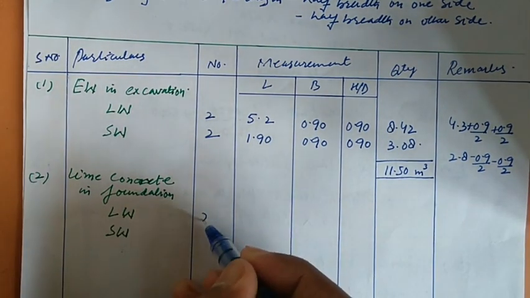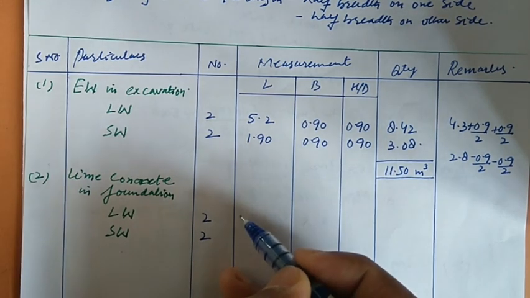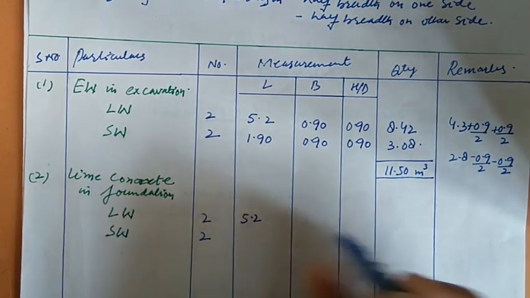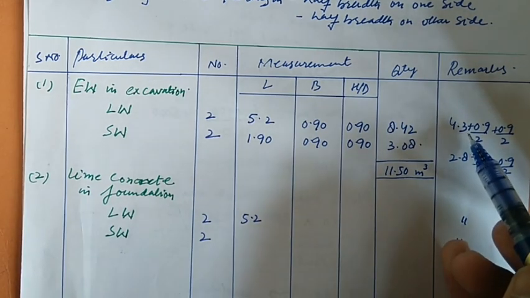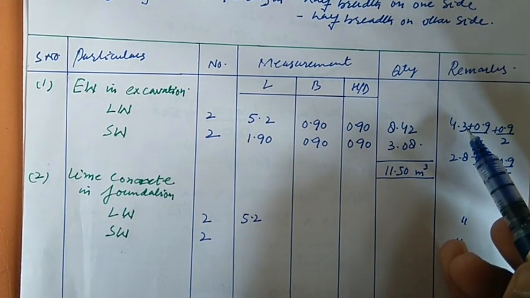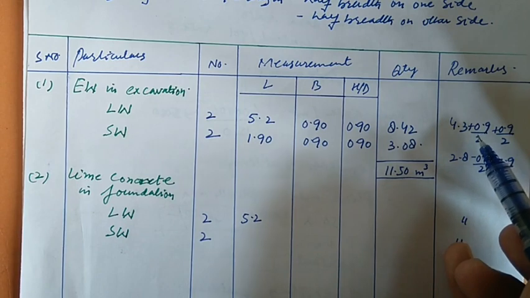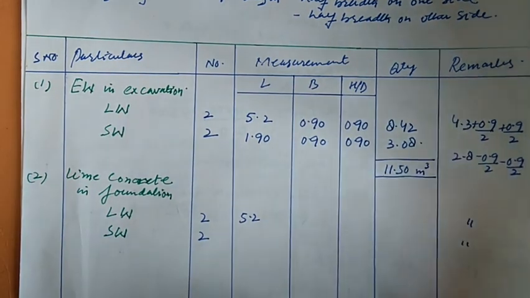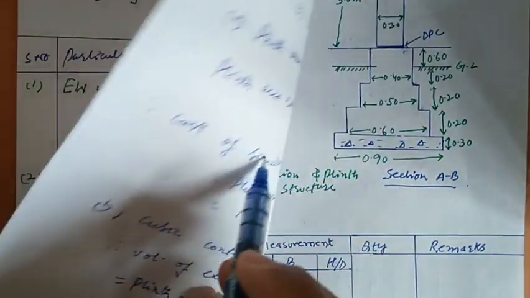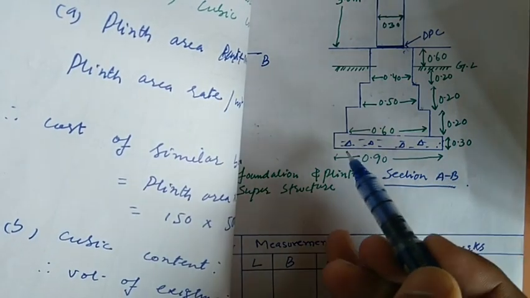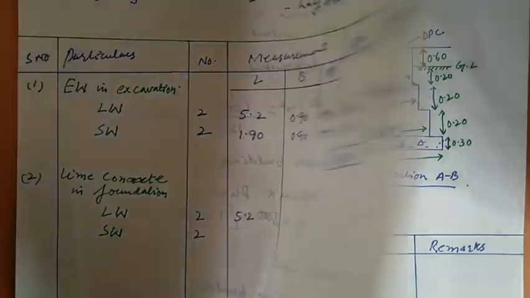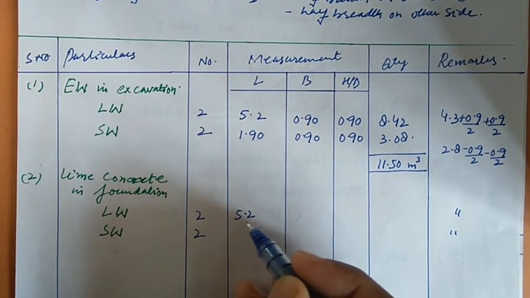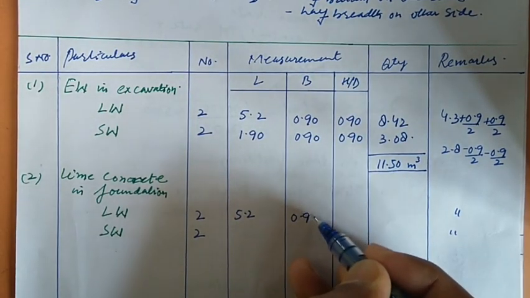Again we have two long walls and we have two short walls. The length will be again 5.2. Why? Same, because 4.3 is the original center to center length of the long wall. Then we have to add the 0.9 by 2, because for the lime concrete in this portion, the breadth is 0.90. So it will be again 5.2, the breadth will be 0.90.